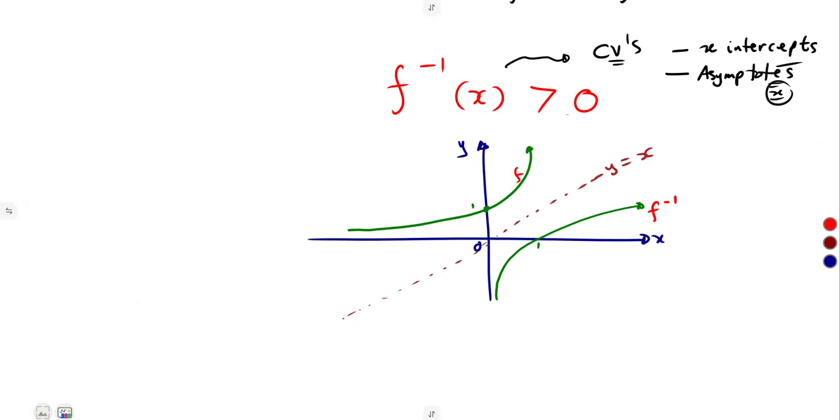From there, we can tell whether the graph is above the x-axis or not. When it is above, it is positive. When it is below, it is negative. So this is the condition.